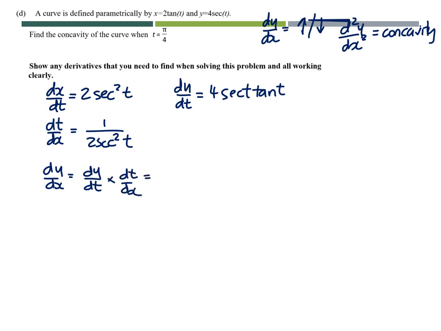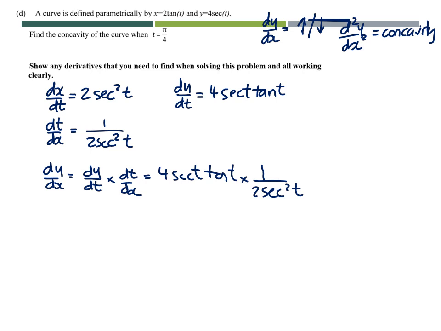That gives me an answer of 4 sec t tan t times 1 over 2 sec squared t. Right. Happy? There's my gradient, eh? Here's my dy by dx. That's my achieved tick. Okay?